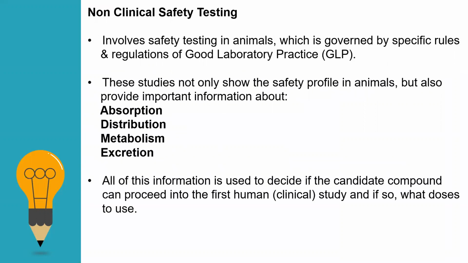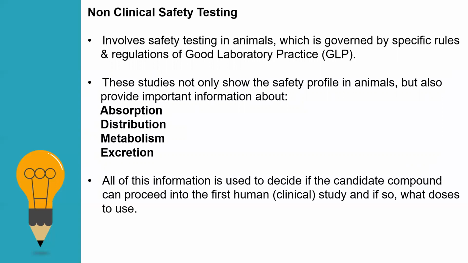The next stage in the drug development process is non-clinical testing, safety testing, or you can also call it preclinical testing. This is divided into two subcomponents: in vitro and in vivo testing. In vitro testing examines the drug molecule's interaction in test tubes and within the lab setting.